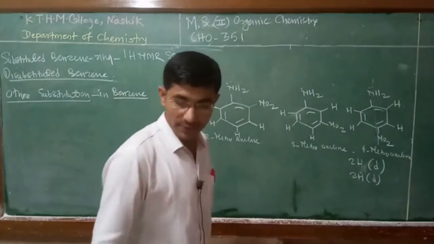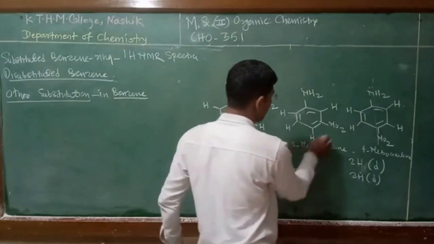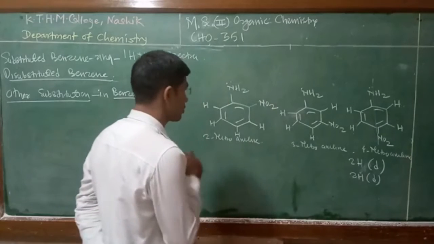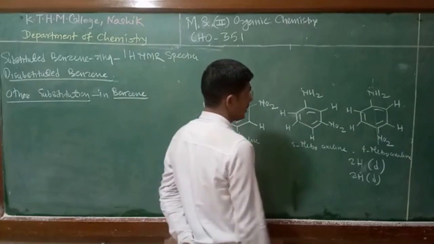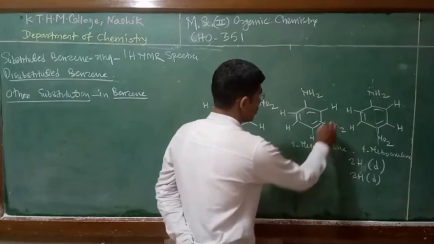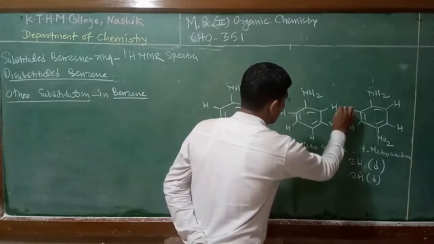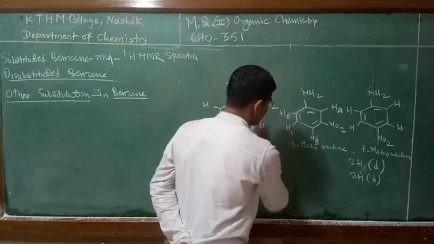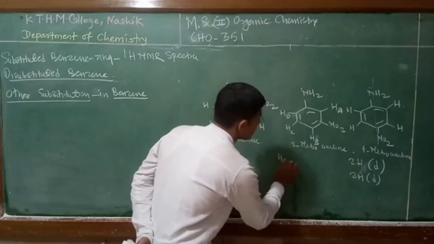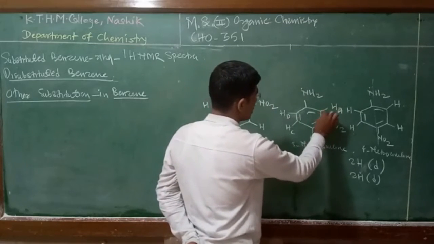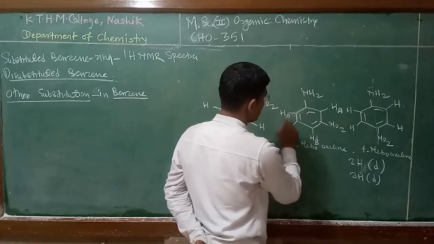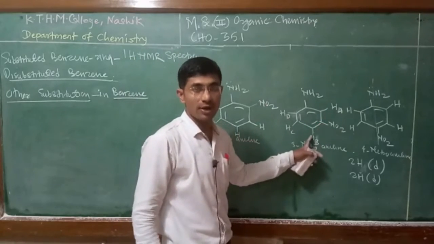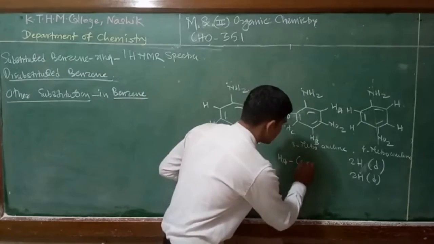In 3-nitroaniline, all the 4 protons are chemically non-equivalent, so each gives a different signal. In this case also we consider only ortho and meta coupling. Suppose this proton is Ha, this is Hb, this is Hc, and this is Hd. Ha is coupled with Hb and with Hd. For the meta coupling, suppose this interaction is small, then Ha shows only a singlet.